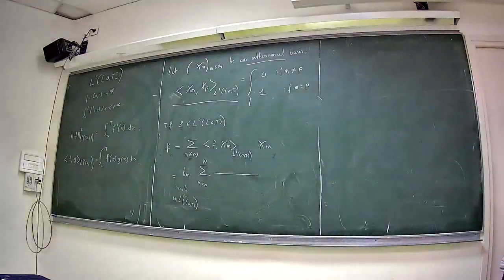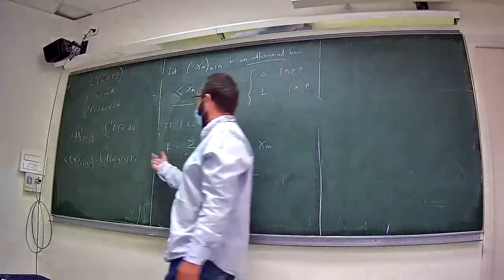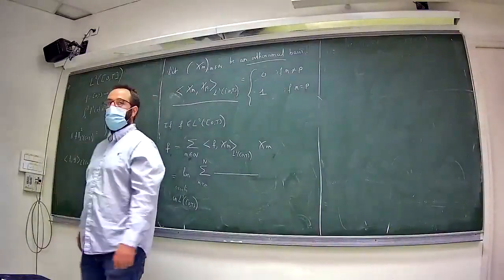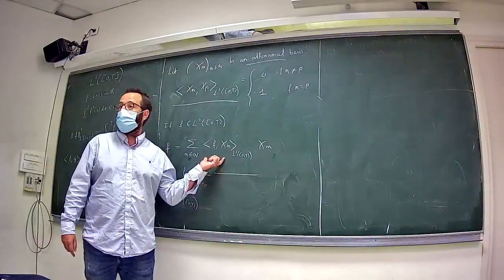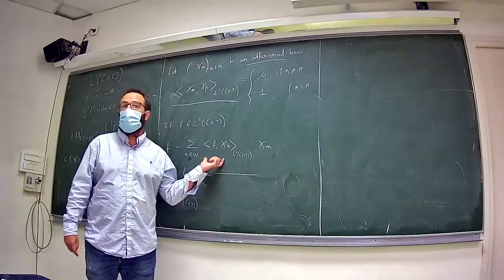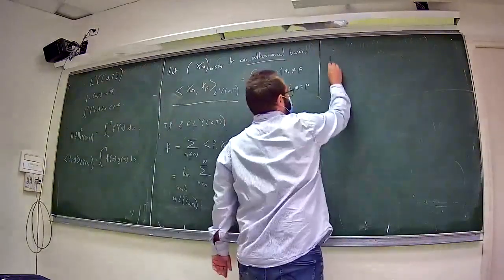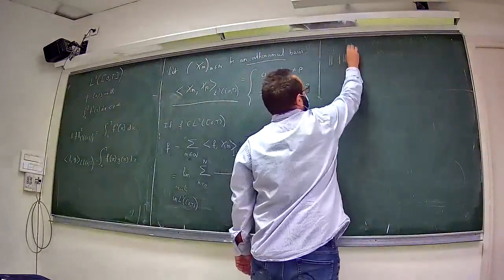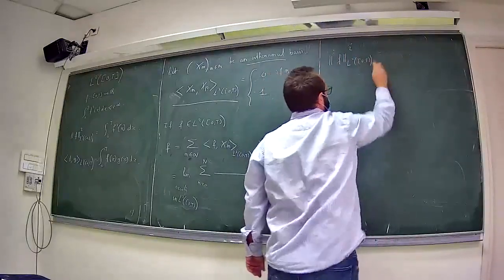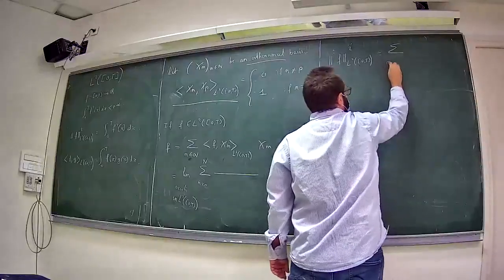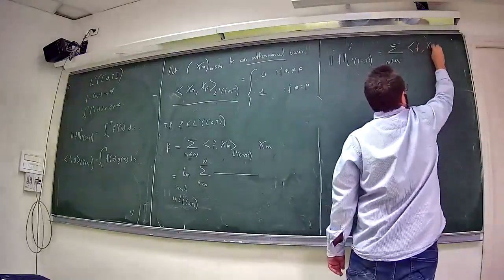And what is interesting in this situation is that you can recover the norm of f from the coefficients in my decomposition. It's what you know in R squared as the Pythagorean theorem. It tells me that the norm of f in L2 of 0 to capital T may be written as the infinite sum of the squares of the coefficients.